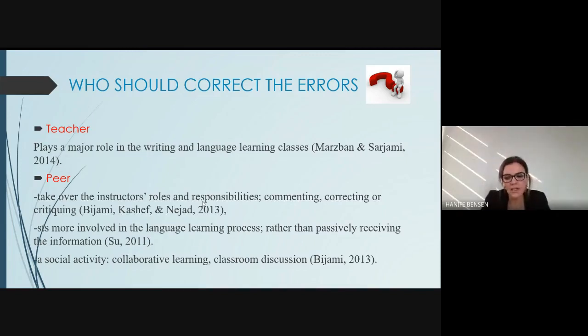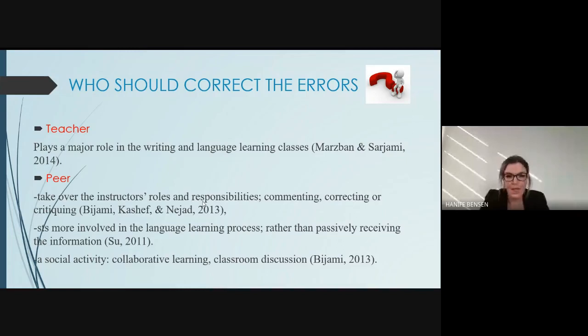Now, students are more involved in the language learning process rather than passively receiving the information. So as you can see, the shift from teacher-centeredness to student-centeredness actually passes through peer error correction in these innovative language teaching methodologies. It's also a social activity where it enables students to collaborate and discuss their errors in the language learning classroom.